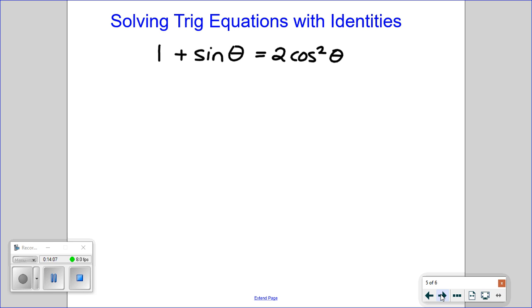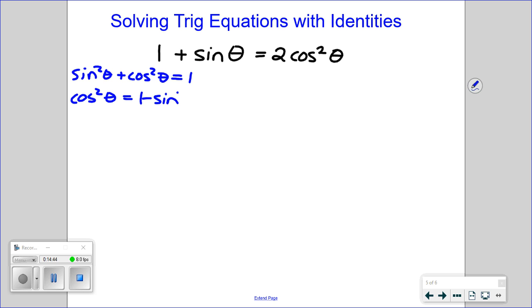So I'm just going through my mind and eliminating the other methods that we looked at so far. So, if you can't factor it, then think of something that we can replace cosine squared theta with from our basic trig identities. So I'm thinking Pythagorean identity since the cosine is squared. And if you remember our Pythagorean identity, which is sine squared plus cosine squared equals 1, we could solve this for cosine squared by subtracting sine squared on both sides.